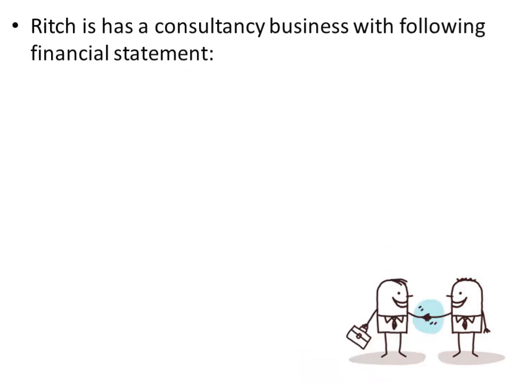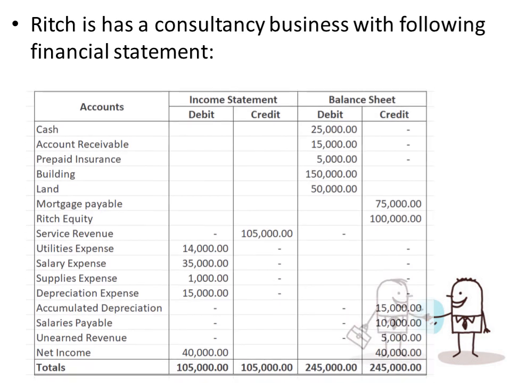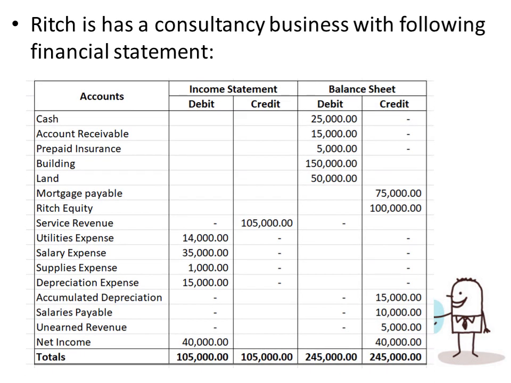Okay? So, Rich has a consultancy business with the following financial statement. Cash, 25,000; accounts receivable, 15,000; prepaid insurance, 5,000; building, 150,000; land, 50,000; mortgage payable, 75,000; Rich equity, 100,000; service revenue, 105,000; utilities expense, 14,000; salaries expense, 35,000; supplies expense, 1,000; and depreciation expense, 15,000.